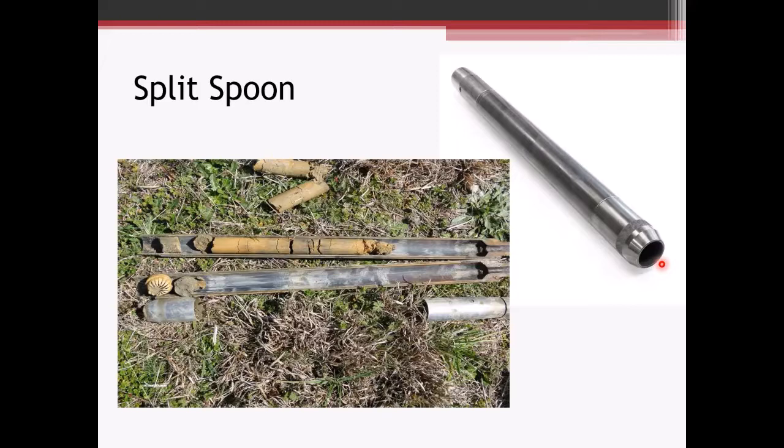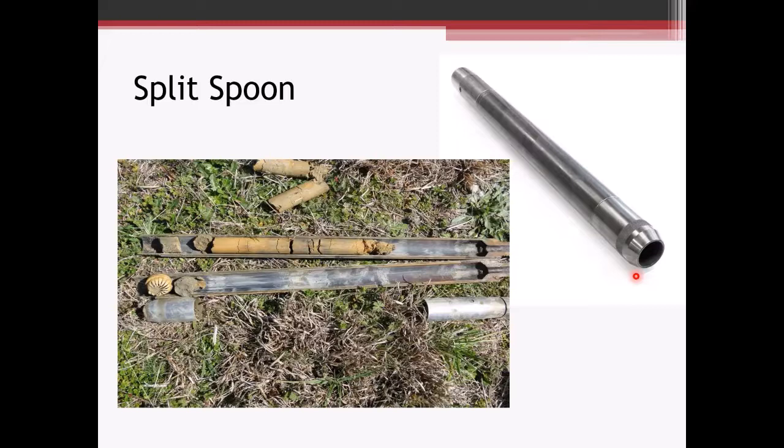So this sampler is driven into the ground at whatever depth is specified by the engineer. Typically the boring is going to be advanced using hollow stem augers or some sort of casing down to the sampling depth. And then the split spoon sampler is lowered down into the hole, and it's driven 2 feet with a 140-pound hammer.